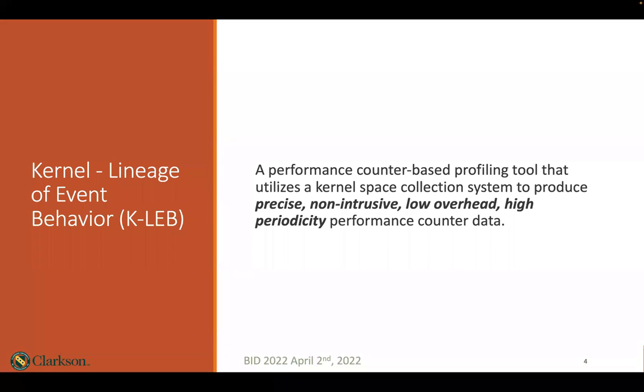By moving the collection mechanism to the kernel, it allows us to reduce performance overhead from the expensive system calls. It also allows us to use a high resolution timer, which we call HR timer, at kernel level, which provides a finer time granularity.